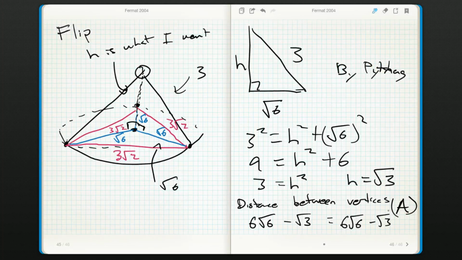I liked that one. It wasn't as bad as I thought it would be, considering it's a 3D geometry problem, and I do have some issues with that. Once I realized that those three vertices all happen to lie at the same height, and I could quite quickly see that with my props, so, yay for props.